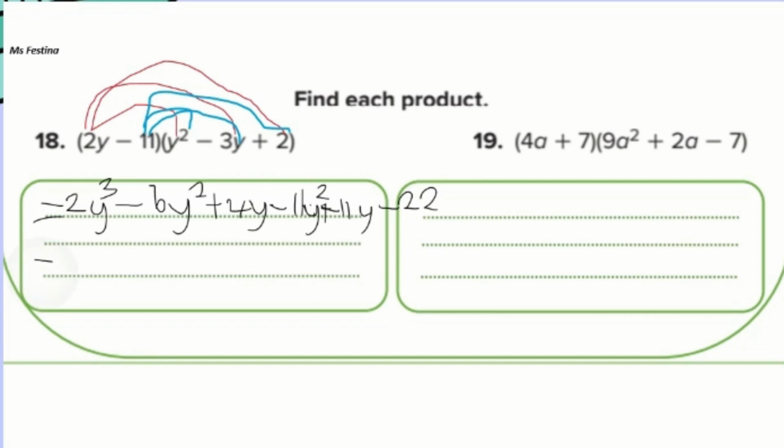Then I'm going to look for my like terms. 2y cubed matches with nothing there in the line, so I will write it as it is, 2y to the power 3.